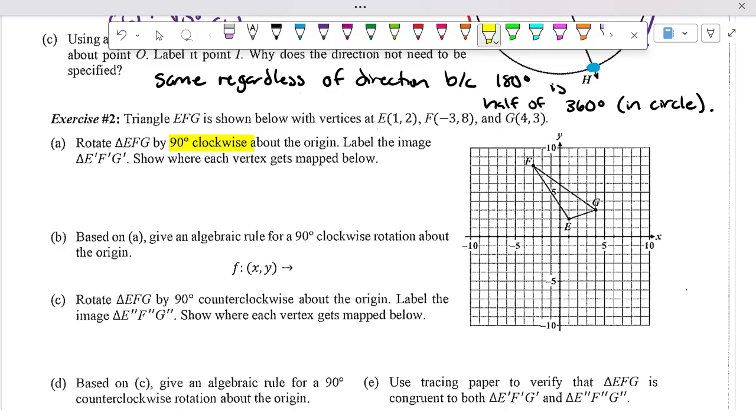So what I want you guys to do is take your patty paper. This isn't patty paper, but what you're going to want to do is put it over the shape and trace it completely. Then it should be big enough that you can stick your finger on the origin and see it.